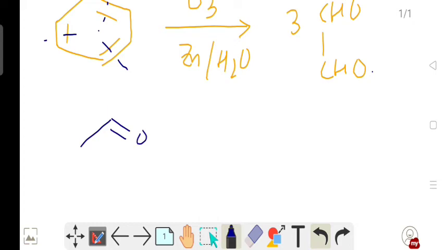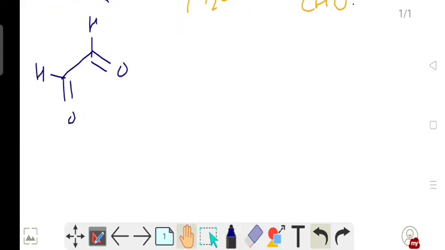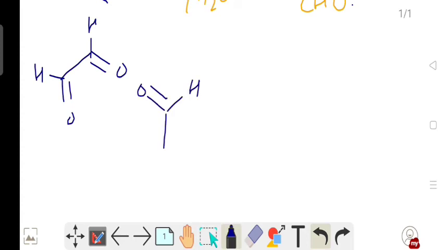One oxygen atom is present here, another oxygen atom here, and from the other part you can get this molecule, and from the other part you can get this molecule. So after the reaction you can get 3 molecules of glyoxal. So this is the ozonolysis reaction of a double bond.